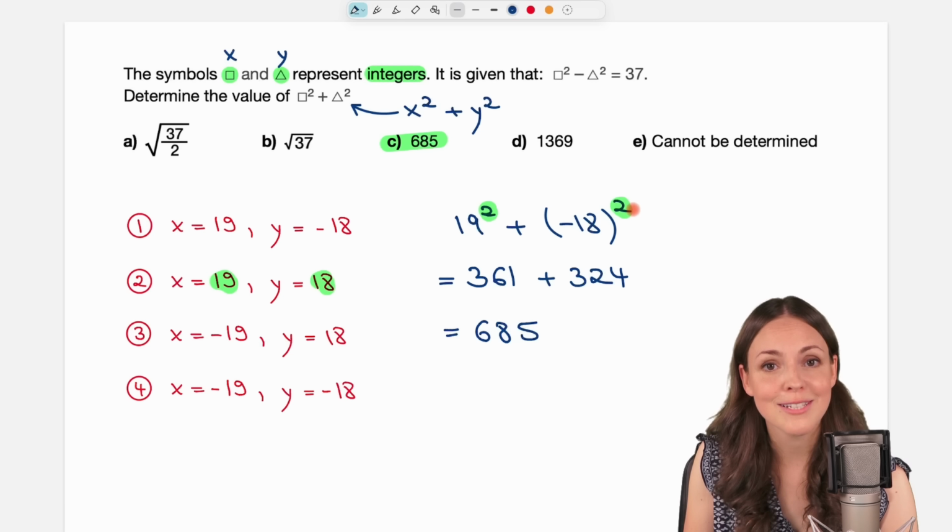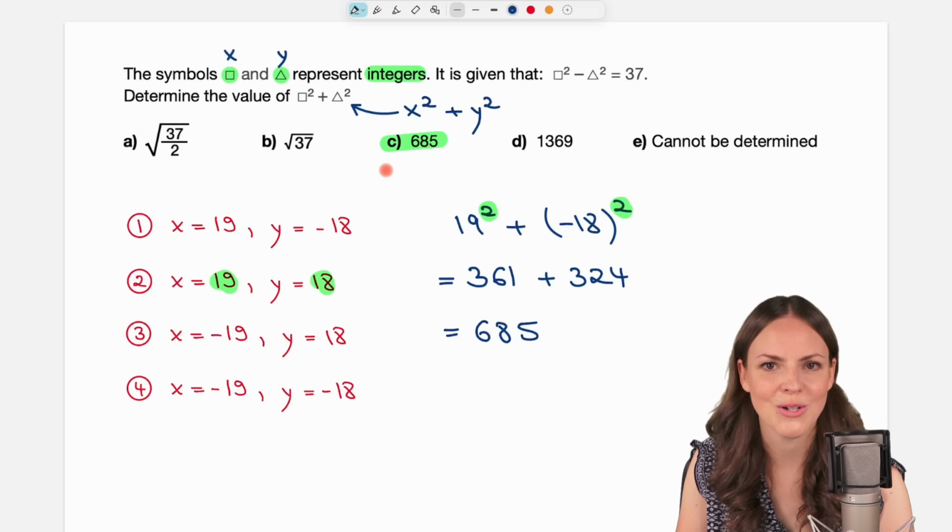So the sign doesn't matter at all. We get the same result in the end. And here in the third case, we don't have the 19, but a negative 19, which also doesn't change anything because we square this number. So we have 18 and 19 here, positive and negative the entire time. So in all 4 cases, we get C as a result.